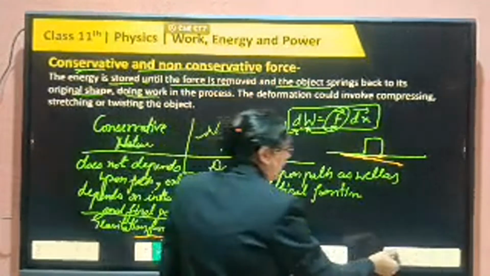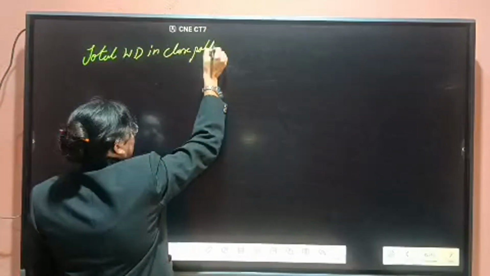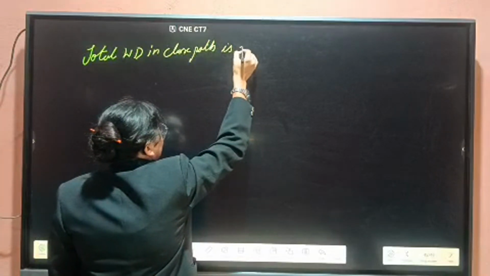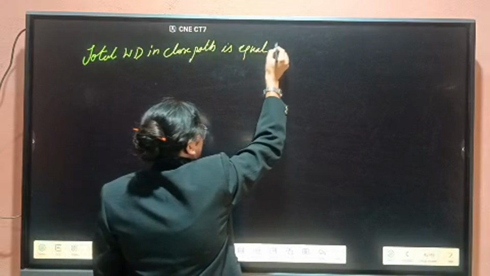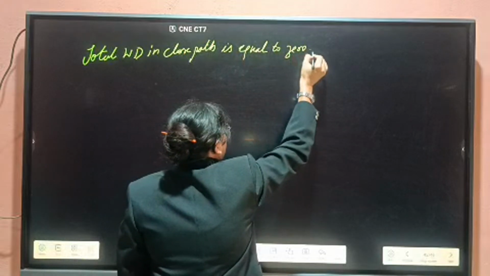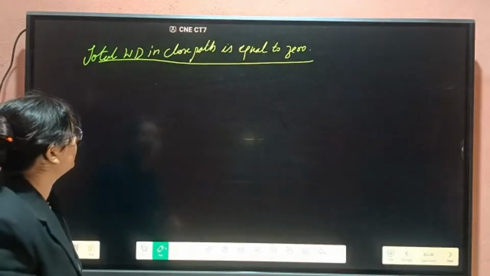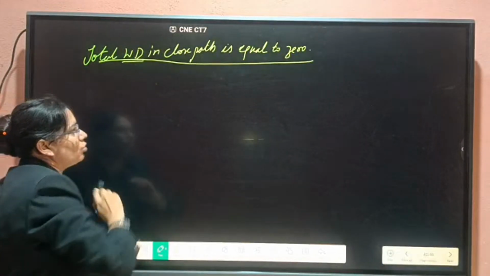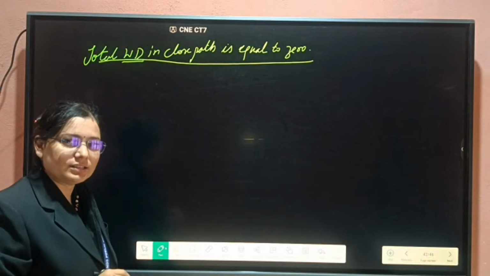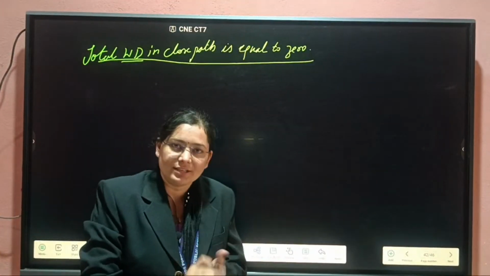Okay, so in that case total work done in conservative force, beta, total work done in a closed path is equal to 0. कीप इन माइंड कि कंजर्वेटिव फोर्सेज के अंदर अगर हम टोटल वर्क डन इन अ क्लोज पाथ फाइंड करेंगे, इट ऑलवेज विल बी इक्वल टू 0 ओनली.